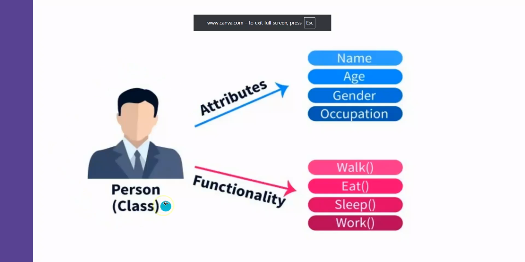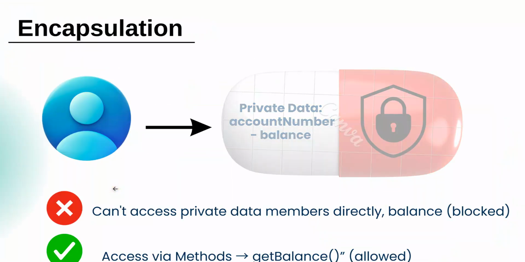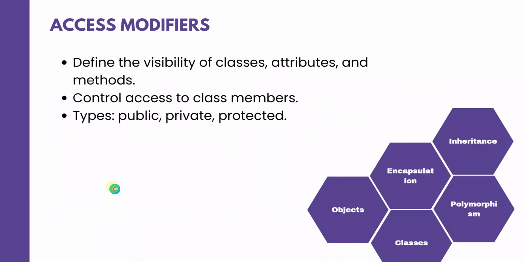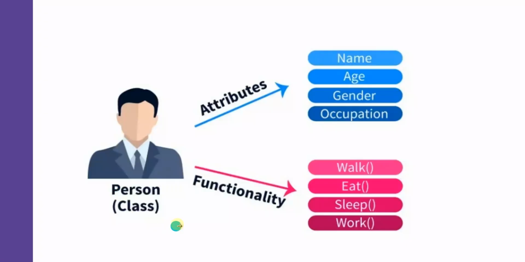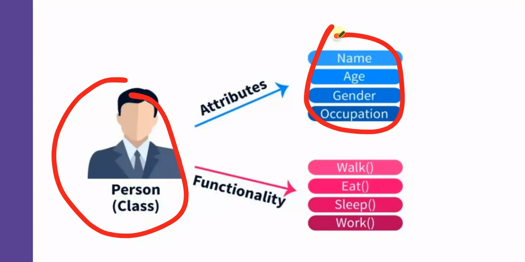So we have one class, when we define one class. For that class we have some data members, and we also have some functionality.